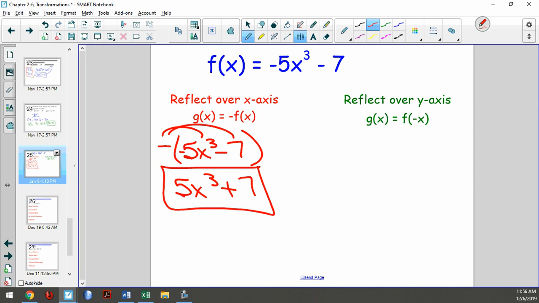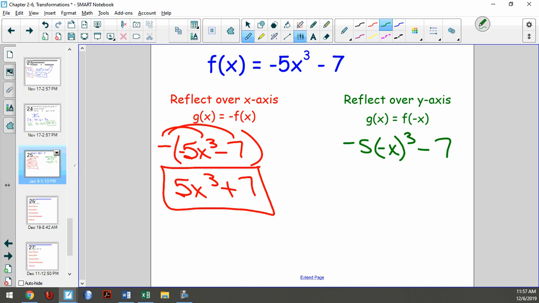Okay, now I want to take the same function and this time reflect it over the y-axis. When you reflect over the y-axis, you're replacing x with what? Negative x. So that is going to be negative 5 times negative x, cubed, minus 7. Do you remember the words I've been using this entire time? When you do this, then do the calculation. Did you hear me say calculation every time?